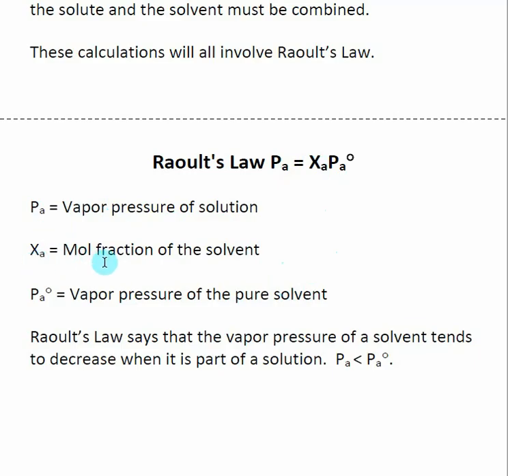That's because the mole fraction is going to become less than 1. So overall, Raoult's law says that as we dissolve solutes into our solvent, the vapor pressure of the solvent tends to decrease. So the vapor pressure of the solution is expected to be less than the vapor pressure of the pure solvent.